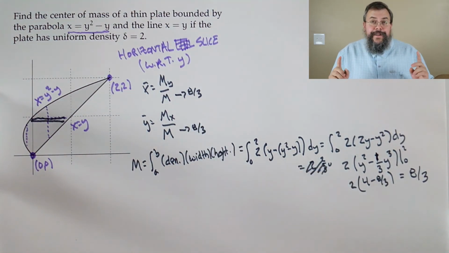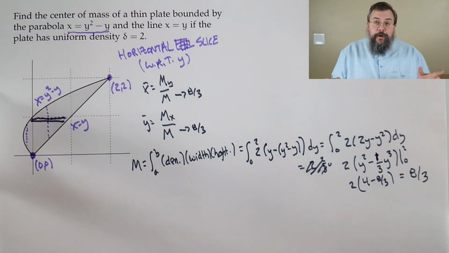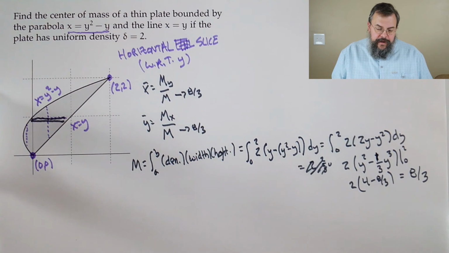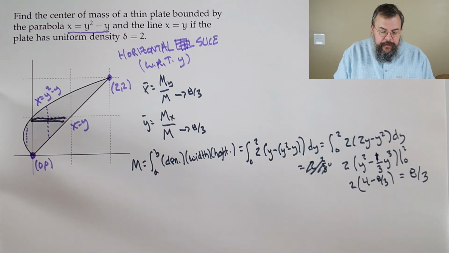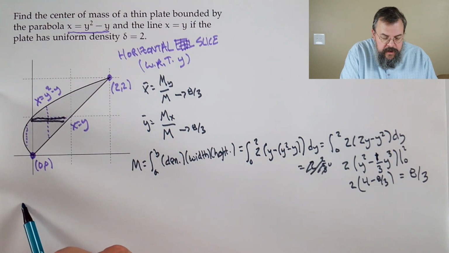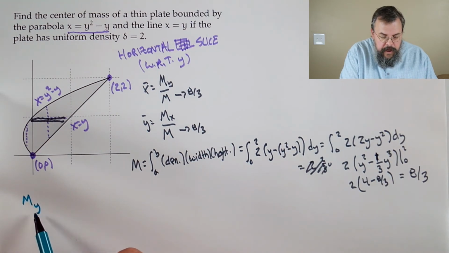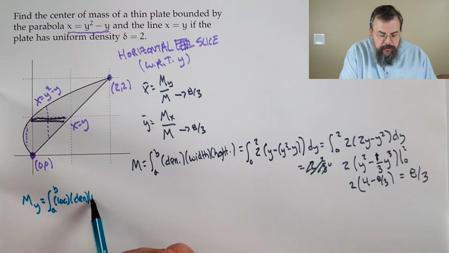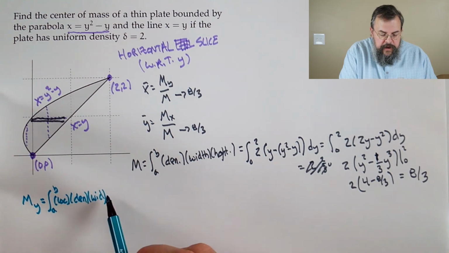All right, now we go on to our moments. We're going to have 2 of them. Okay, so our first moment. Well, let's do, doesn't really matter which one, we'll do m sub y. So what is that going to be? Well, we're going to add up A to B, our location, our density, our width, and our height.